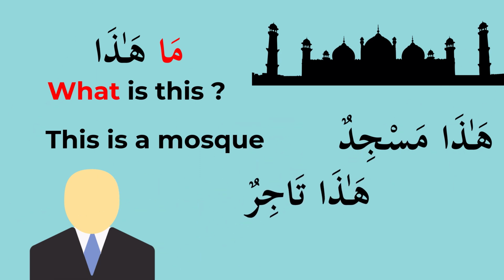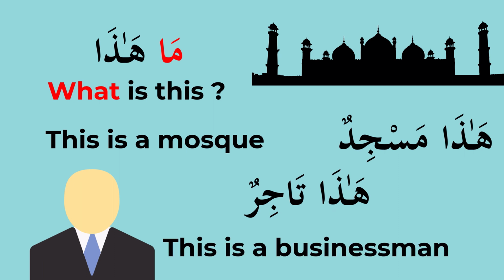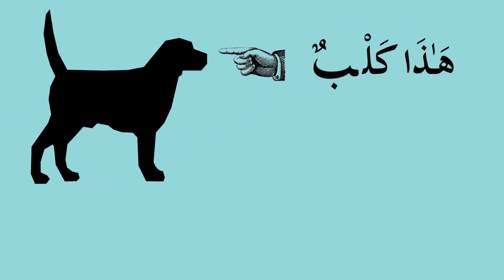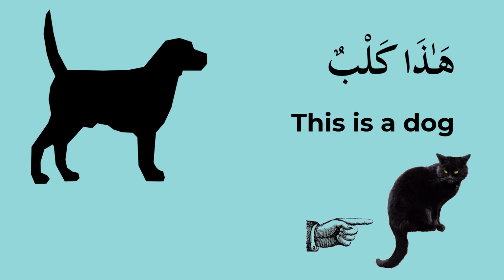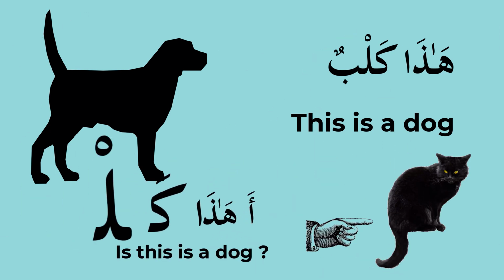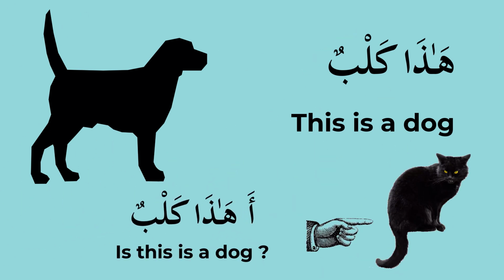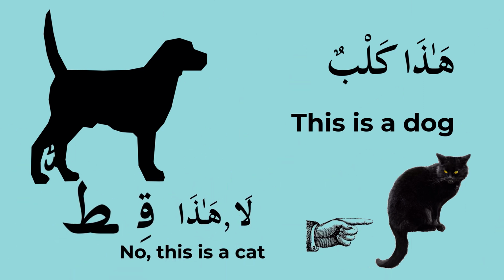What is the meaning of tajirun? Merchant. Very good. Merchant, businessman. Then haza kalbun. Dog. Okay. La. Haza kittun. MashaAllah.